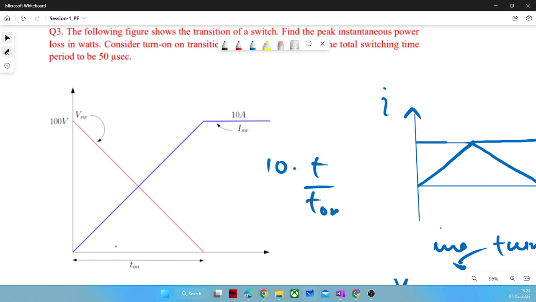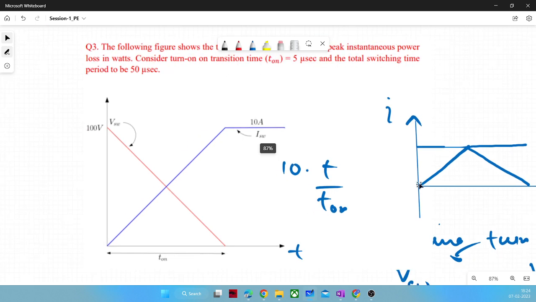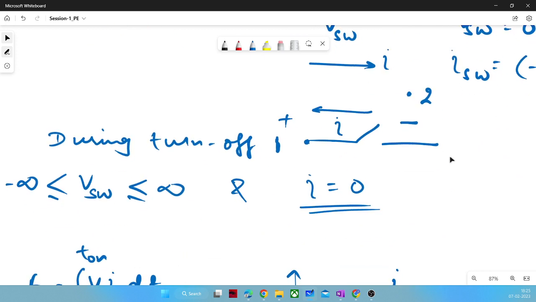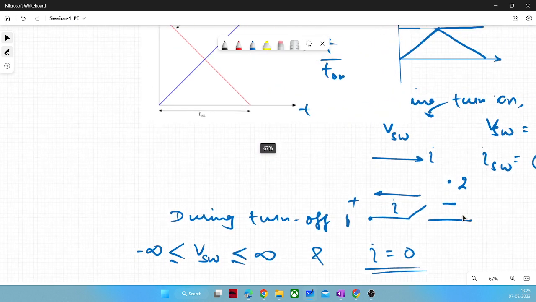How am I writing this? This total period is T on and this is on the T axis, so we write y minus y1 divided by x minus x1 is equal to y2 minus y1 divided by x2 minus x1. Got it? Any other doubt?